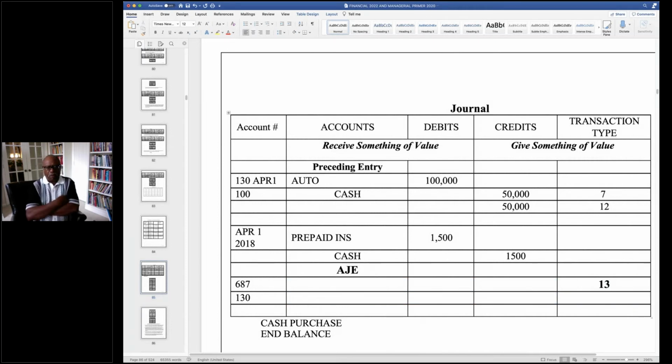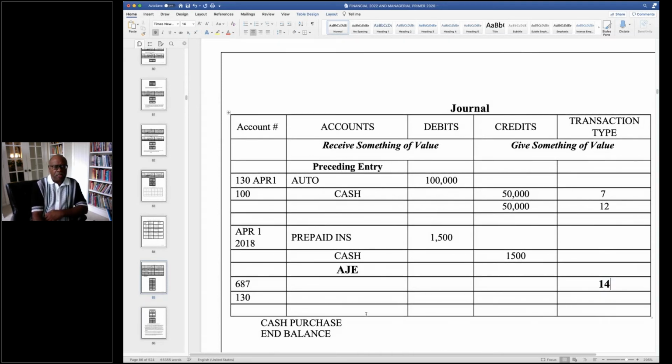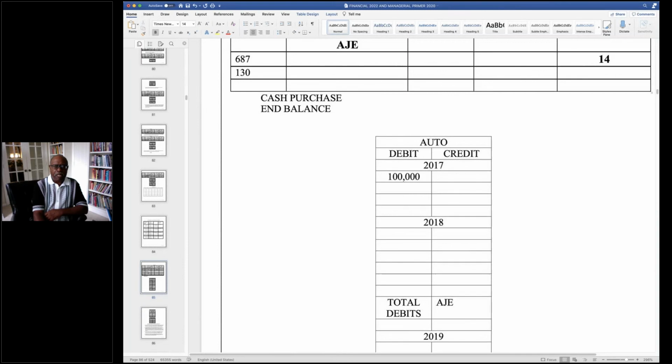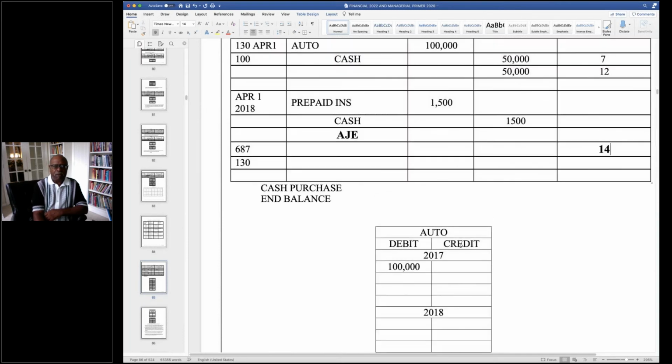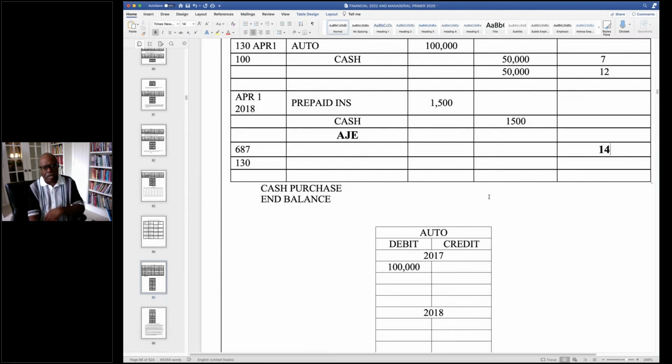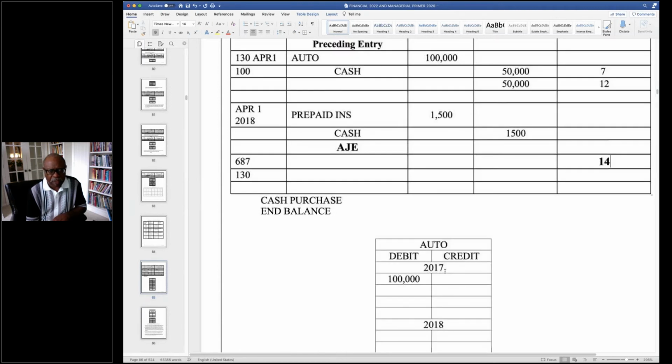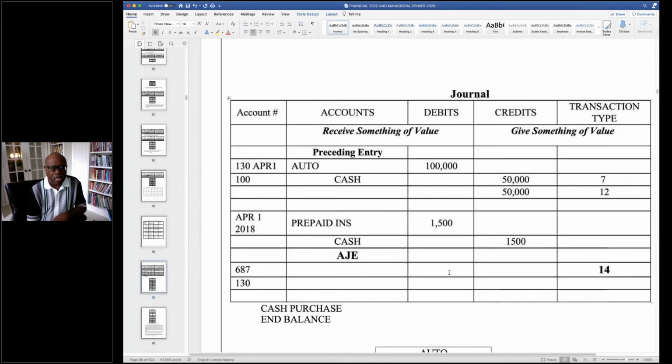So what's my type for depreciation expense? I have a special number for it, Coleman. It's type 14. The asset itself costs $100,000. It has a life of how many years, Holman? 4 years. So just like that insurance was expiring monthly, this is expiring annually at the rate of $25,000 a year.